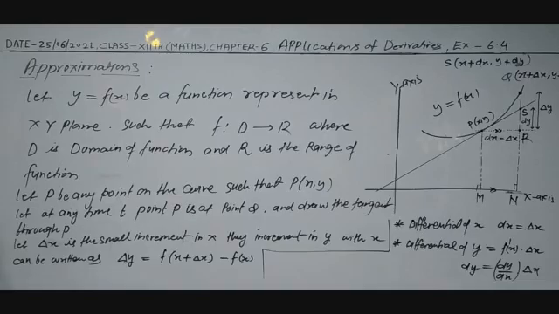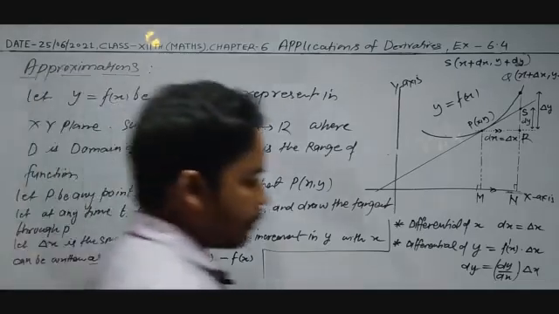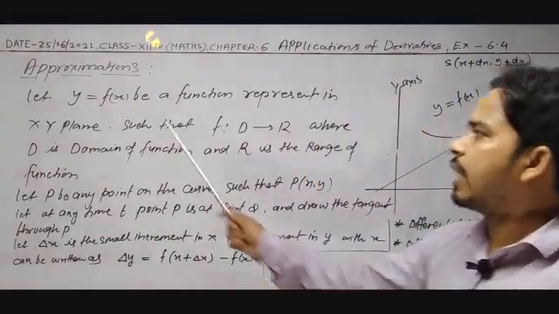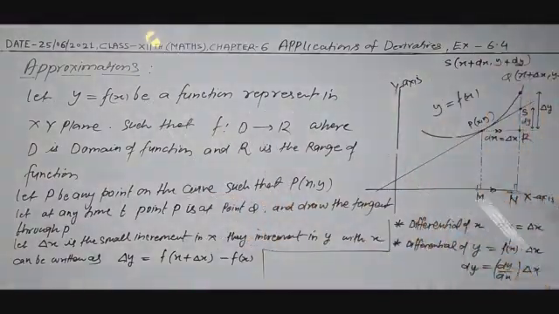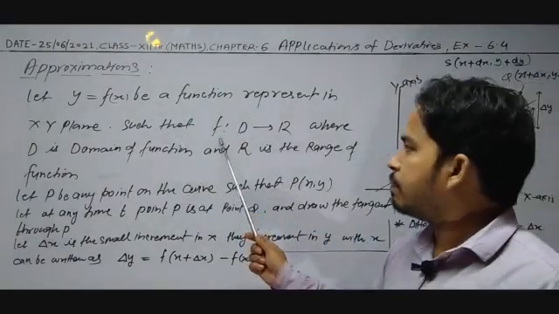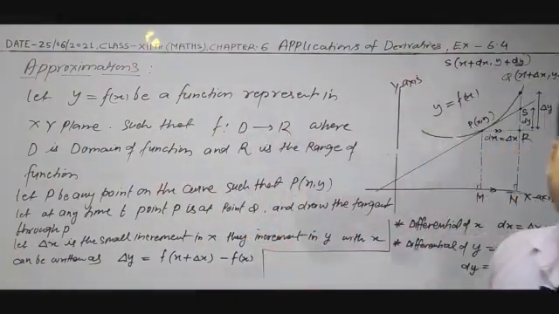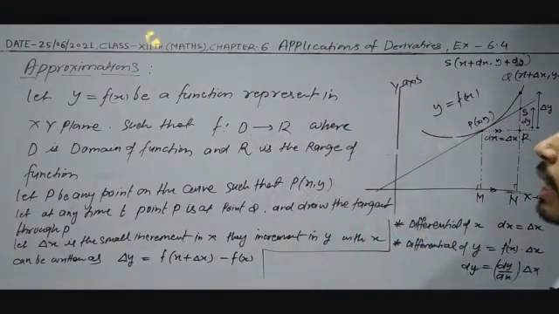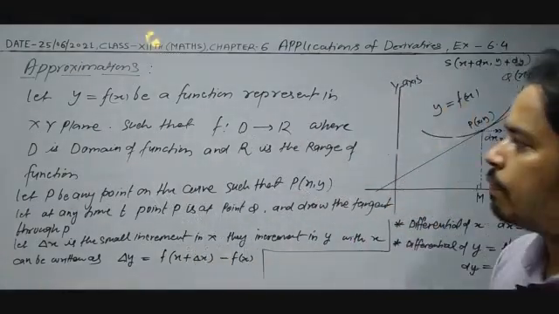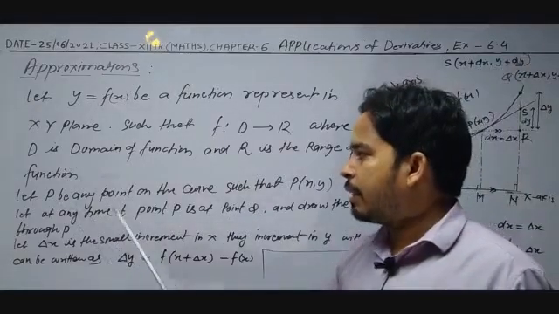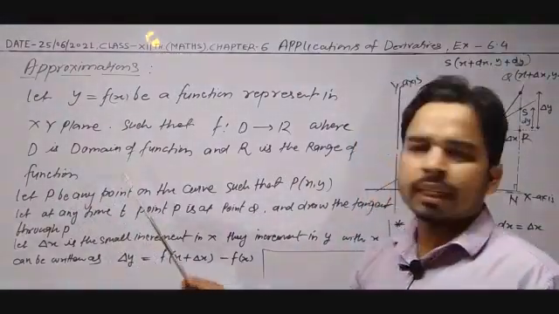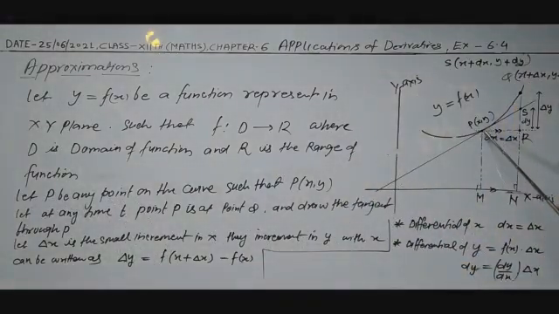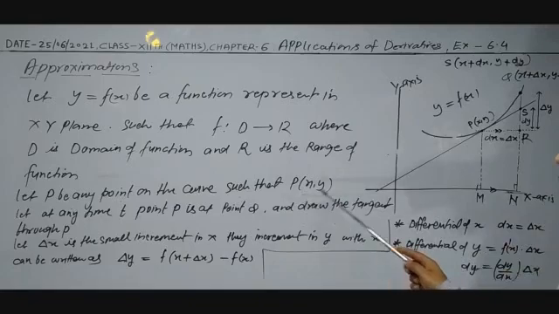Now again see, first of all you consider a function y is equal to f(x) represented in the xy plane such that D to R, where D is the domain of the function and R is the range of the function. Let us consider P be any variable point lying on the curve, with coordinates x comma y.